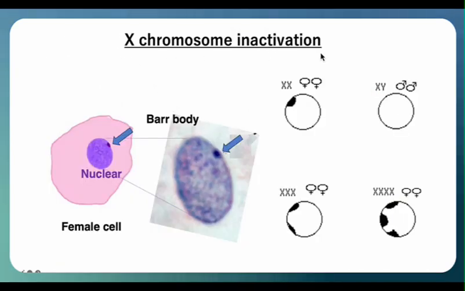X chromosome inactivation. In 1949, Professor Barr discovered that, when staining chromosomes in female somatic cells, a consistently stained dot could be observed, which he named the Barr body. Barr bodies are not observed in male cells.